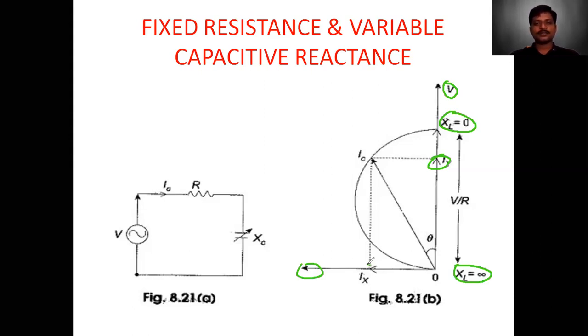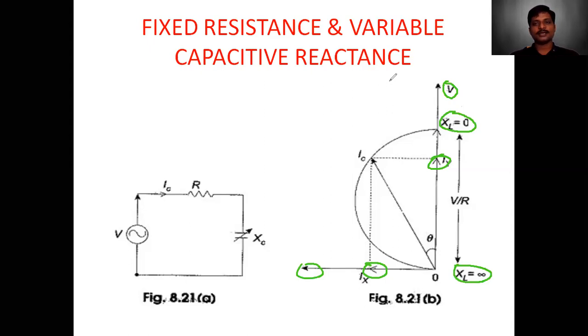So when the reactance is 0, voltage and current are in phase, and when the reactance is infinity, there is a 90 degree phase angle.